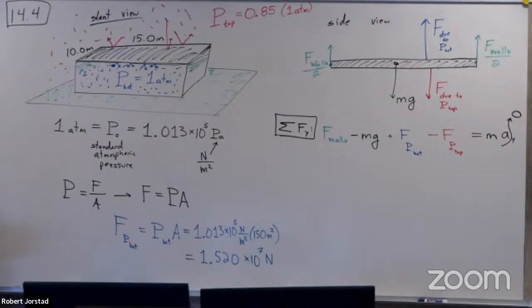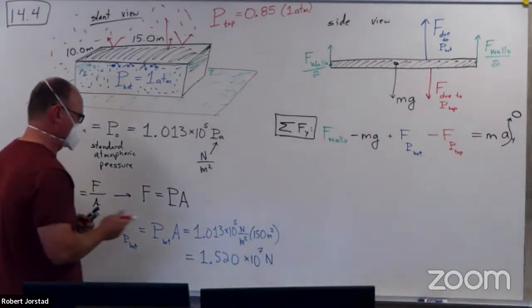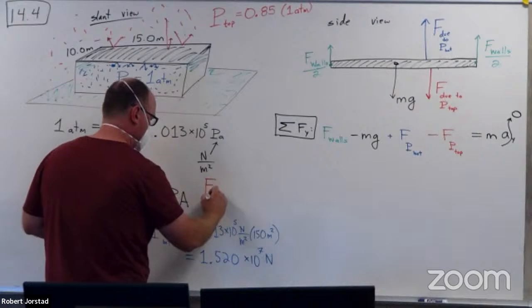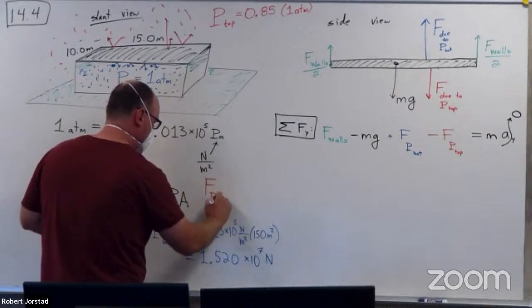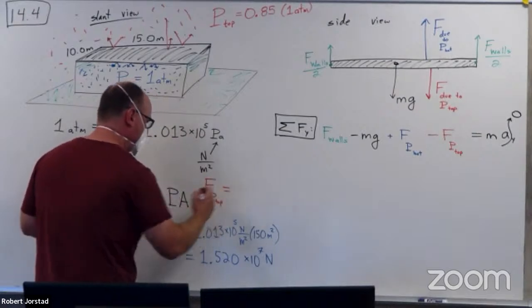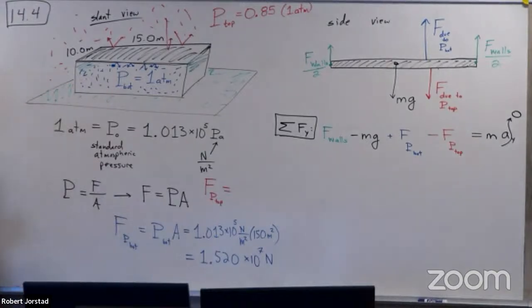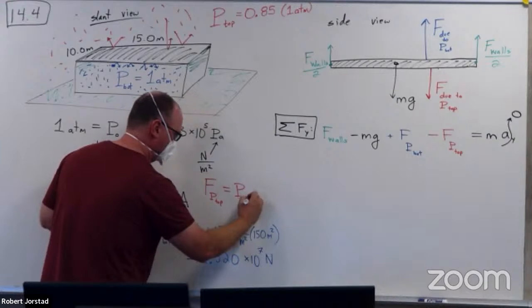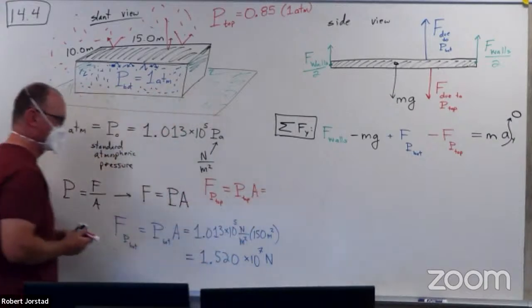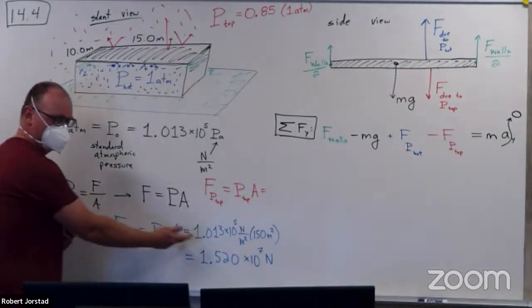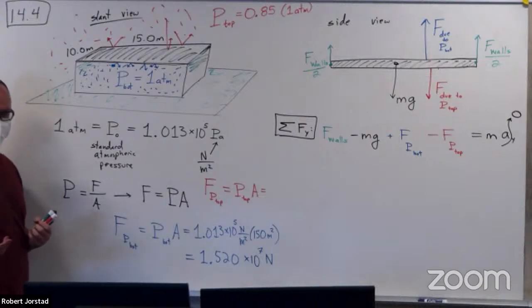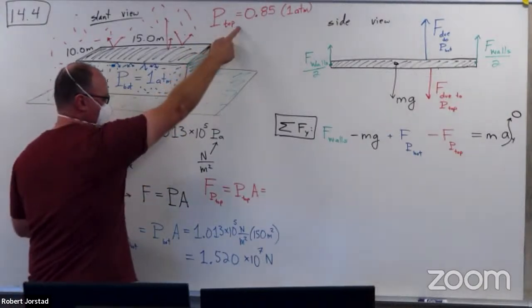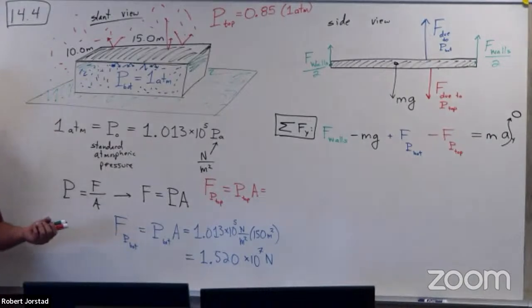Let's get P top as well. And then just humor me here. That's going to be pressure on the top times area of the top. Do you agree that should be 85% of this? Right, the pressure is 85%, so the force should also be 85%.